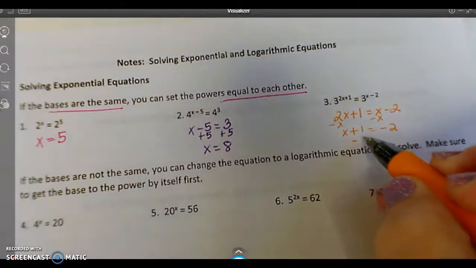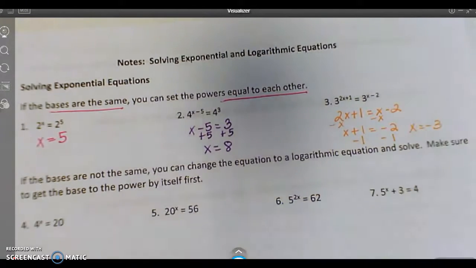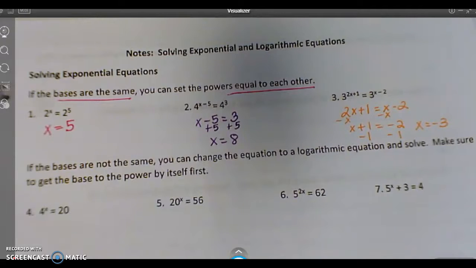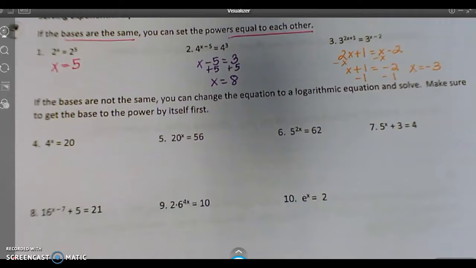And then subtract 1 on both sides. And I get a negative 3. So, pretty simple, even without Desmos, so that's really nice. And when we get through 1 through 10, I'll show you on Desmos the process.